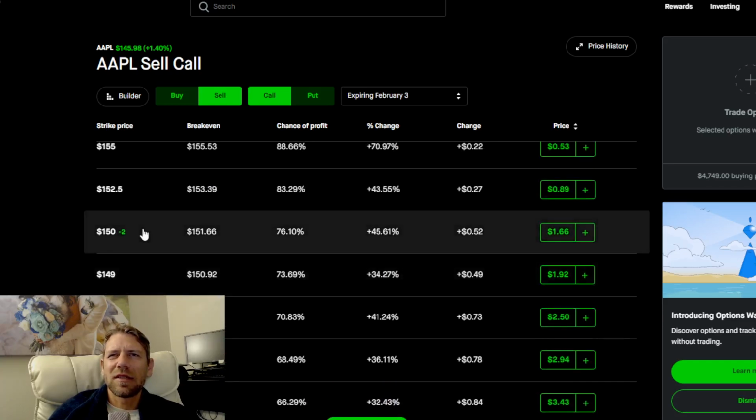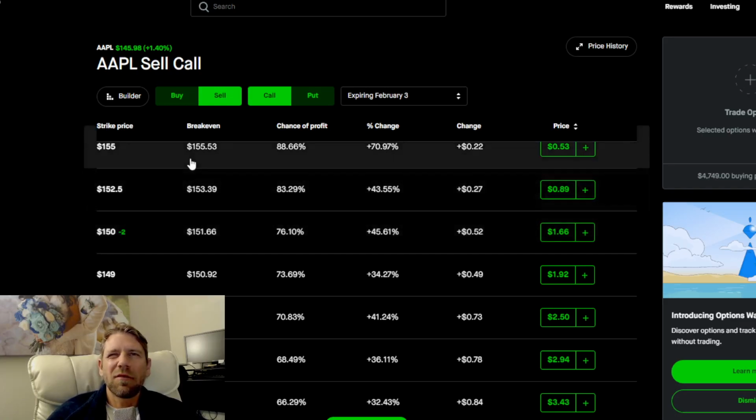Let's go back to this example that I've already done. Okay, I've sold 2 call options at 150 strike price for February 3rd. Now, what are the possible scenarios next week? When February 3rd comes rolling around and the stock price of Apple is $155, I would not be able to benefit from the gains between 150 and 155.